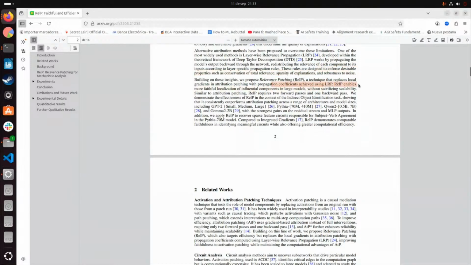This is saying that the method is very nice. They tried it in a bunch of models, most of them not super big, but that makes sense because it's very expensive to do on large models anyway.